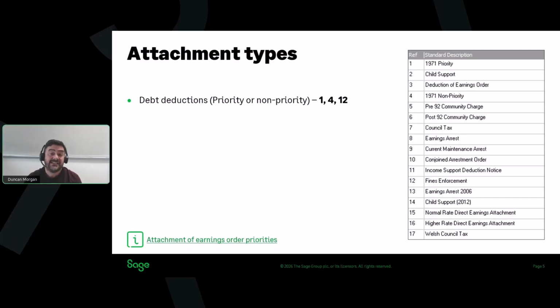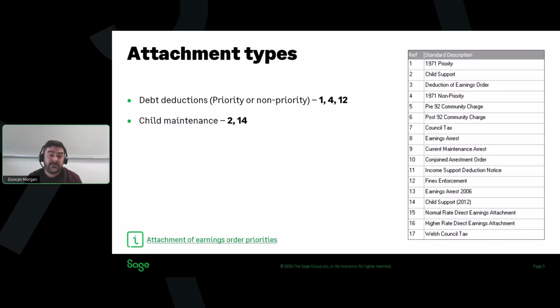And when you have a debt deduction attachment, you would use attachment type 1, 4, or 12 within the list in Payroll, with attachment type 1 being a priority order where you're given a specific amount to deduct. Number 4 being a non-priority order, and number 12 being a fine that's being repaid where the amount is calculated using tables. And we're going to take a look at some examples of these later on in the demo.